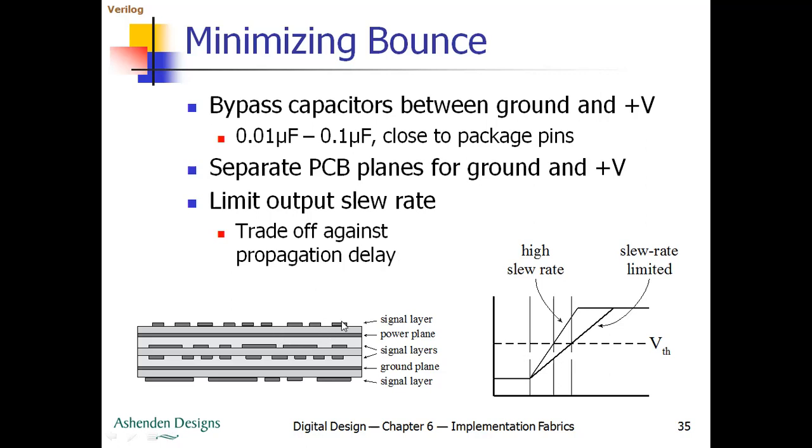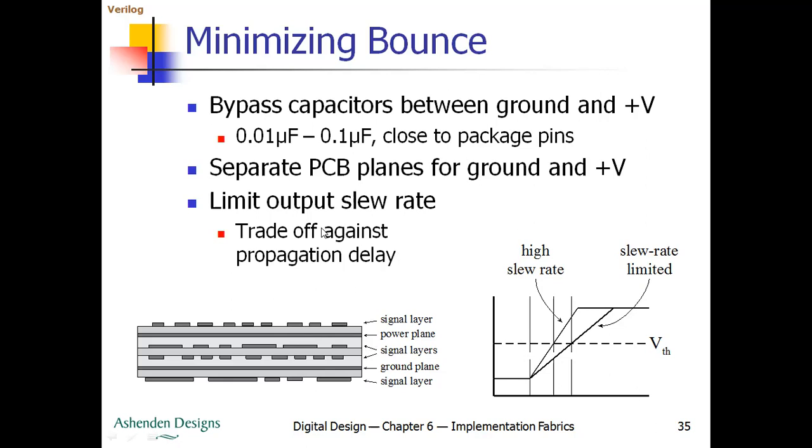We have the signal layers on the top and the bottom, and we have one plane for power and one plane for the ground. So by having separate PCB planes, one for the ground and one for the VCC, we can have minimization of the ground bounce problem.